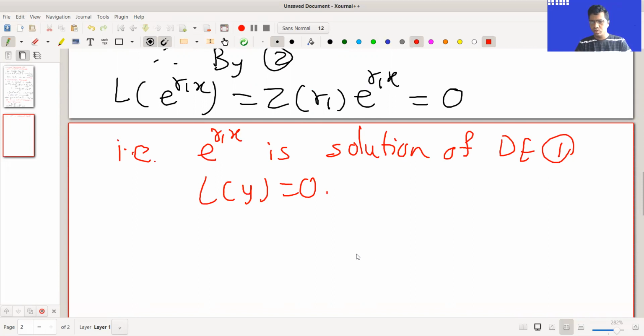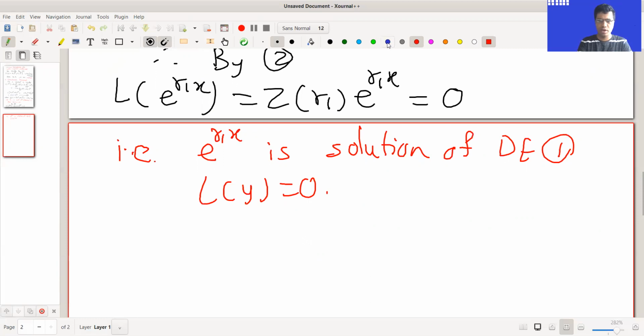So if r1 is a root of the characteristic polynomial, then e raised to r1 x is a solution of the given differential equation.